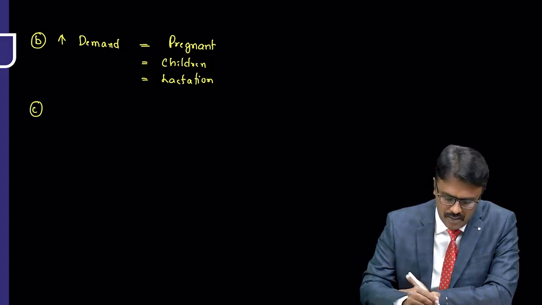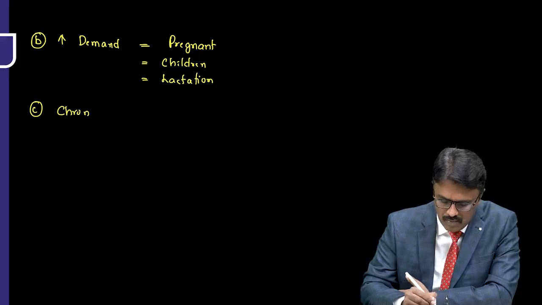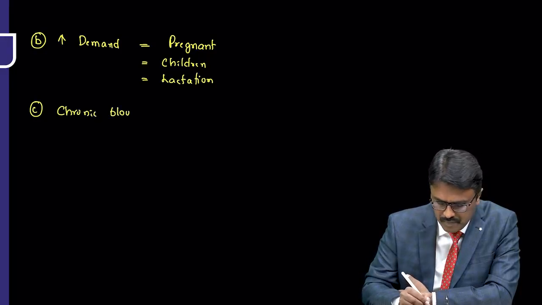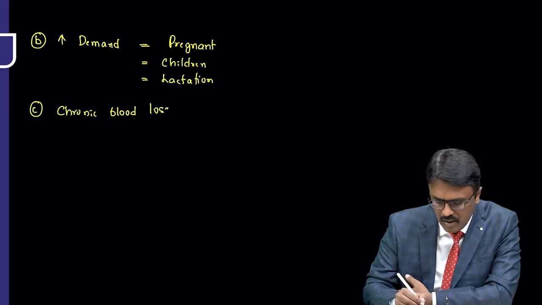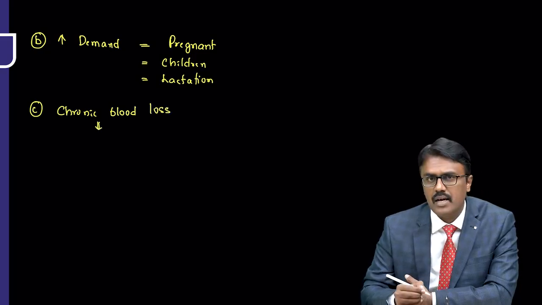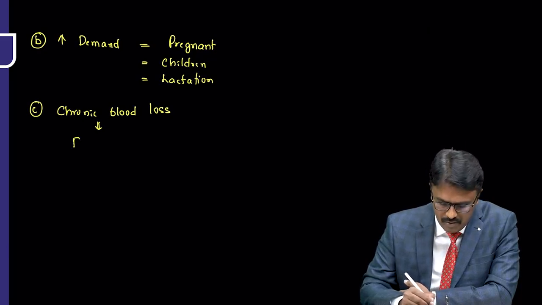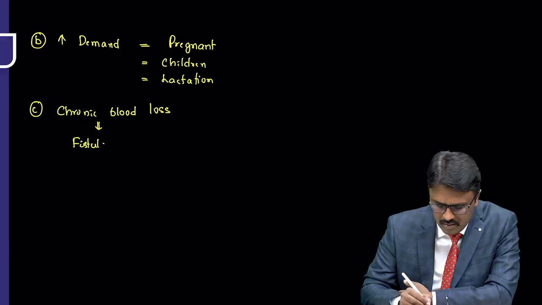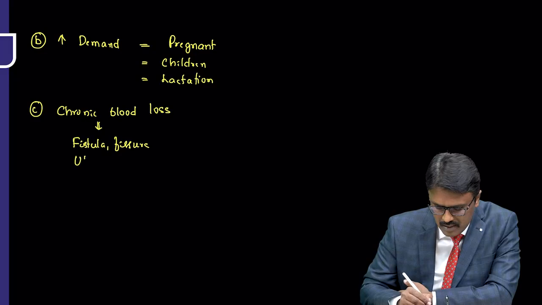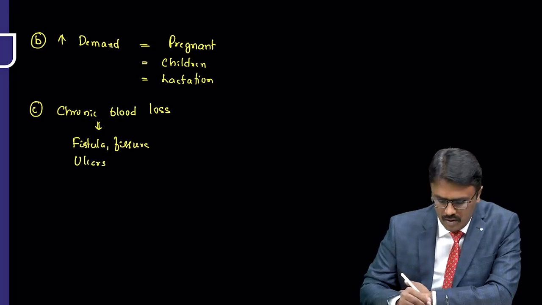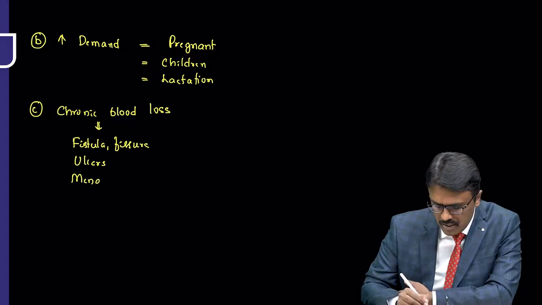Next, whenever the patient has chronic blood loss. What is the reason for chronic blood loss? For example, if the patient has some bleeding area in the form of fistula, fissures, ulcers in the stomach, or the lady has menorrhagia.